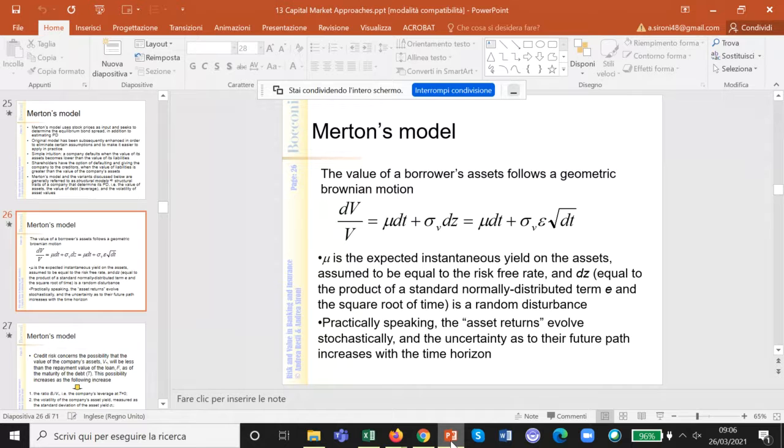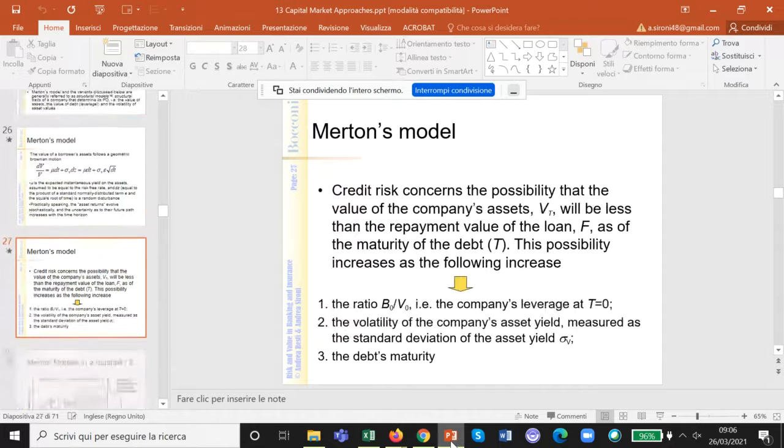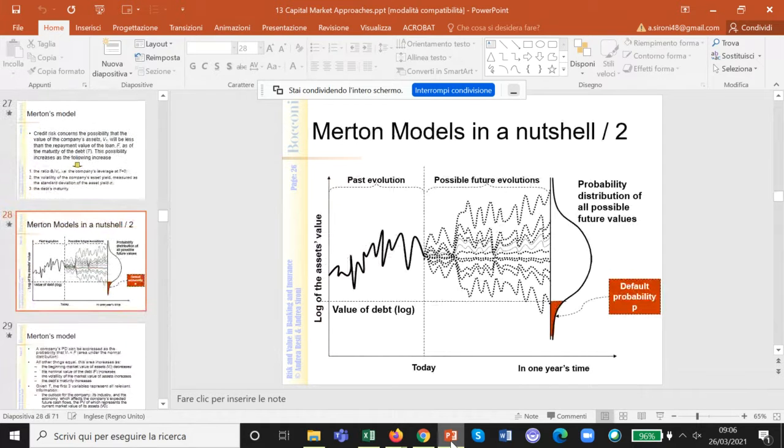So it's assumed to be a very low rate, and we'll get back to this assumption because it has some implication. So practically, the asset returns evolve stochastically, and the uncertainty as to their future path increases with the time horizon. But to give you an idea of the intuition behind the Merton model, let's look at this chart, which is the most effective.